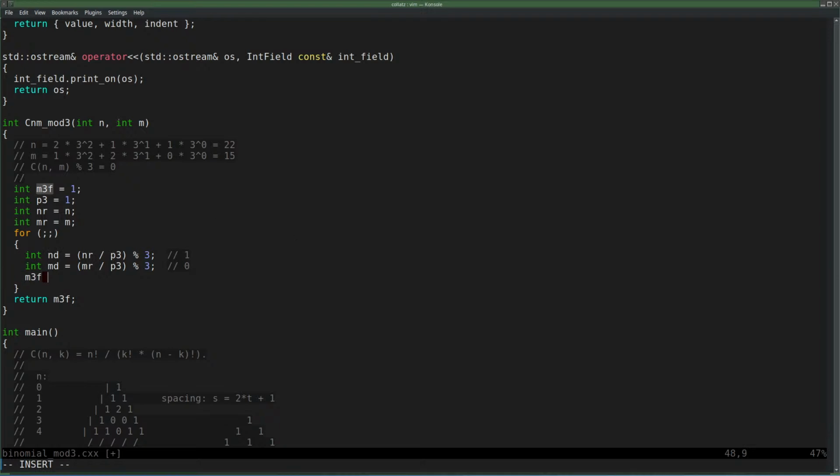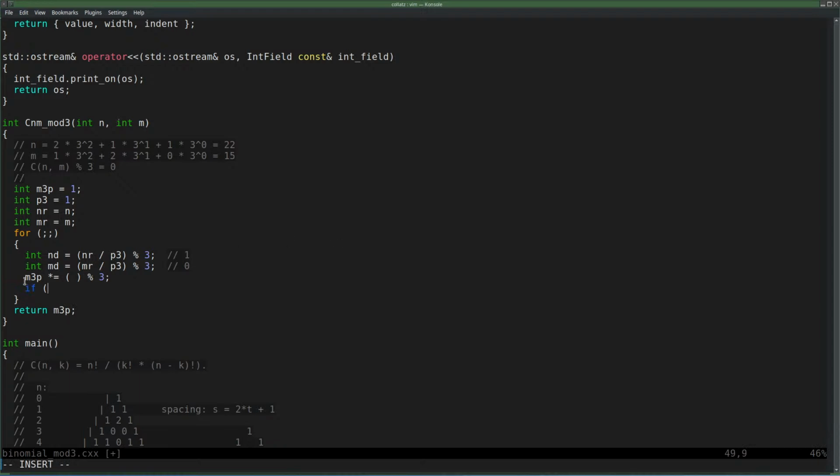It's going to be multiplied. My factor, it's a product, right? It's called a product. It's going to be multiplied with the next factor, which is then the modulo 3 of something.